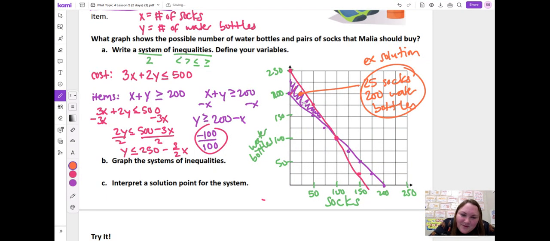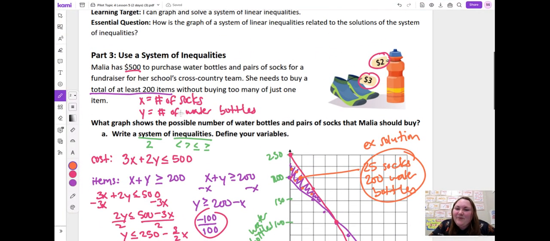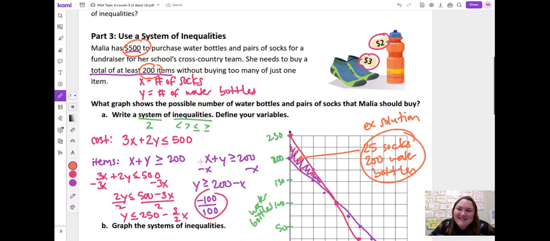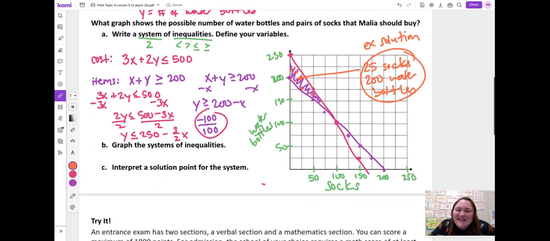Now, there are definitely more points in there that you could use. All of those other orange points are examples of solutions to the system where she would not spend more than $500 and she would have at least 200 items. That's your example for this part of the lesson.